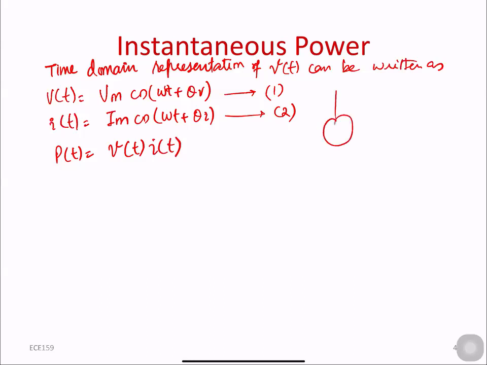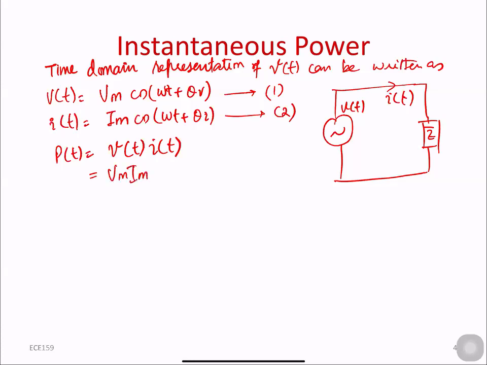We have a time varying AC signal, and the current flowing is i(t), and the impedance for this circuit is Z. I will just substitute the value of voltage and current in this one, and I will write Vm cos of omega t plus theta v into Im cos of omega t plus the phase angle for the current.